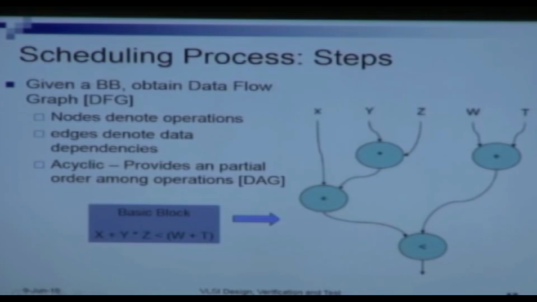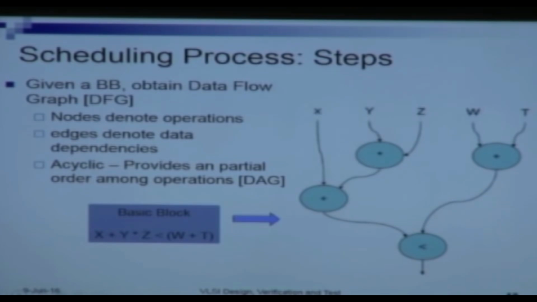Now, how do we do that? We said that within a basic block, we have this code which is sequential and straight line. So first we obtain a data flow graph for it. The edges in this data flow graph denote data dependencies, and the data flow graph is acyclic.